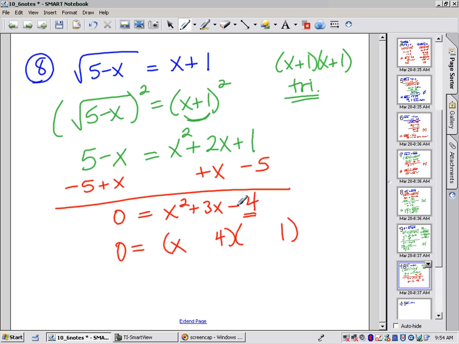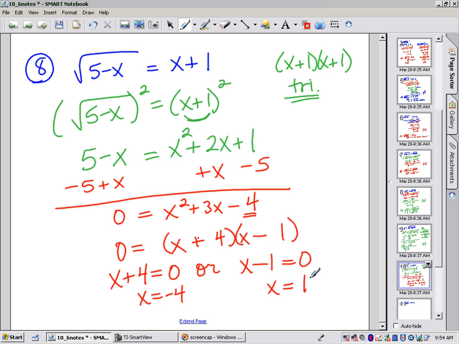The last sign being negative tells us the signs of the binomial factors are different, and the larger one is positive. So we have x plus 4 and x minus 1. Then we set those factors to 0. So our two possible solutions here are negative 4 and 1.